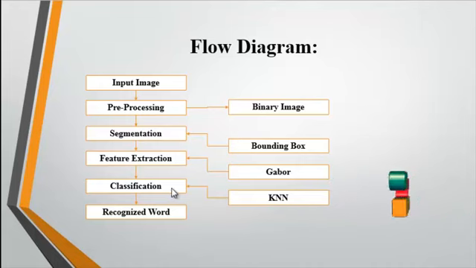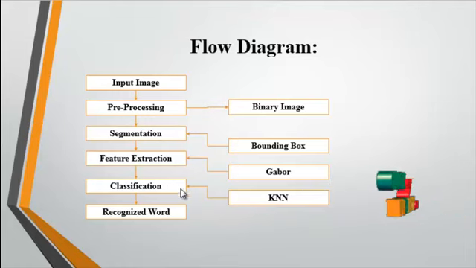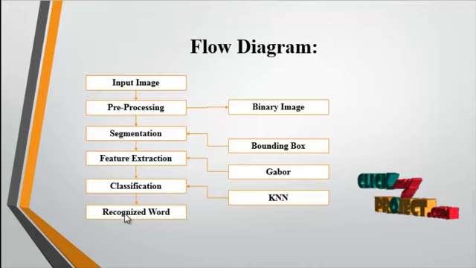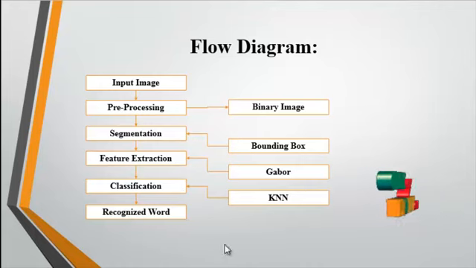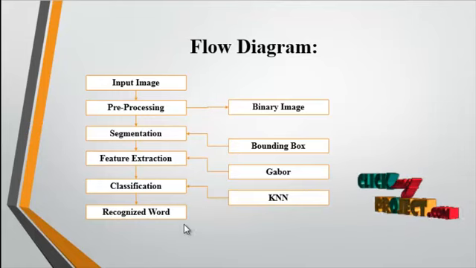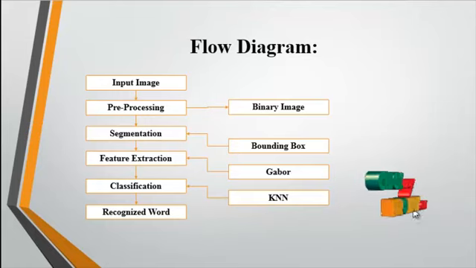Using that classifier, we classify the train feature and the test feature obtained from the dataset. Then the recognized word comes out in a template format. The template format is obtained using the printed character letters.